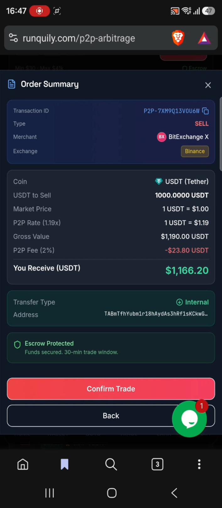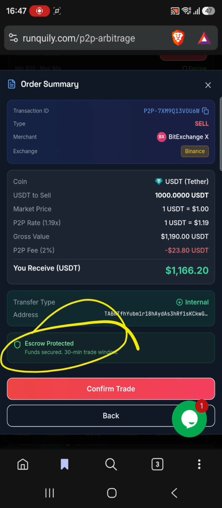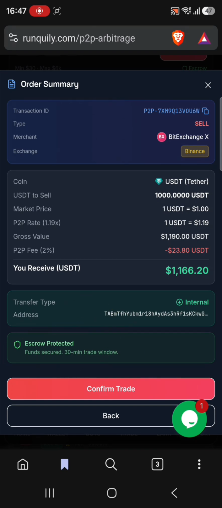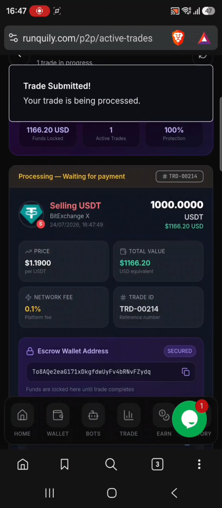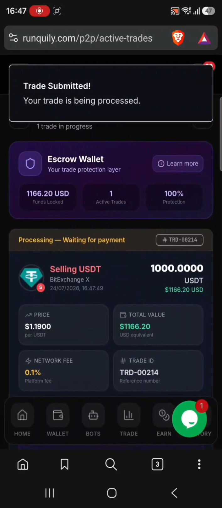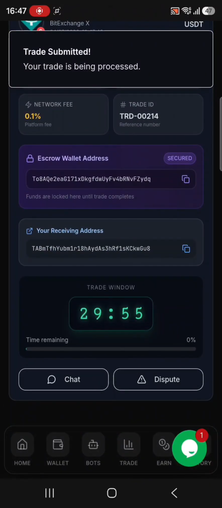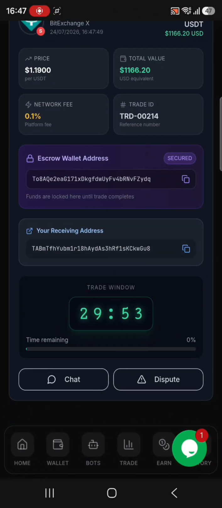So when I tell you to buy low on a centralized platform and sell high on a decentralized platform and make some good profits, that's what I mean. And you can see it is escrow protected, so you can't lose your funds in any way. So this is the trade running, and it will be going for at least 30 minutes.